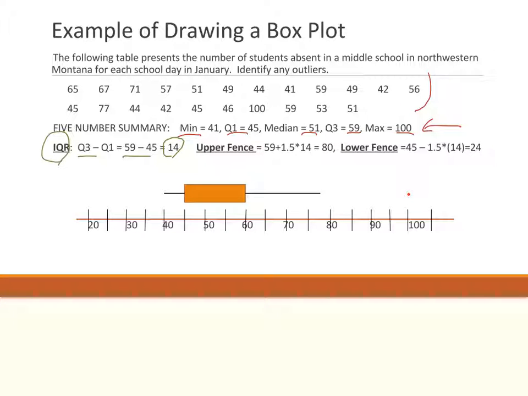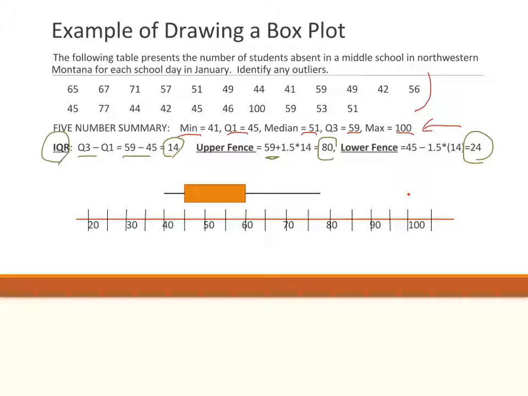And so now we're going to calculate our upper and lower fences. Our upper fence is going to be 59, which is Q3, plus 1.5 times IQR, which is 80. And the lower fence is going to be 45 minus 1.5 times 14, which is 24.